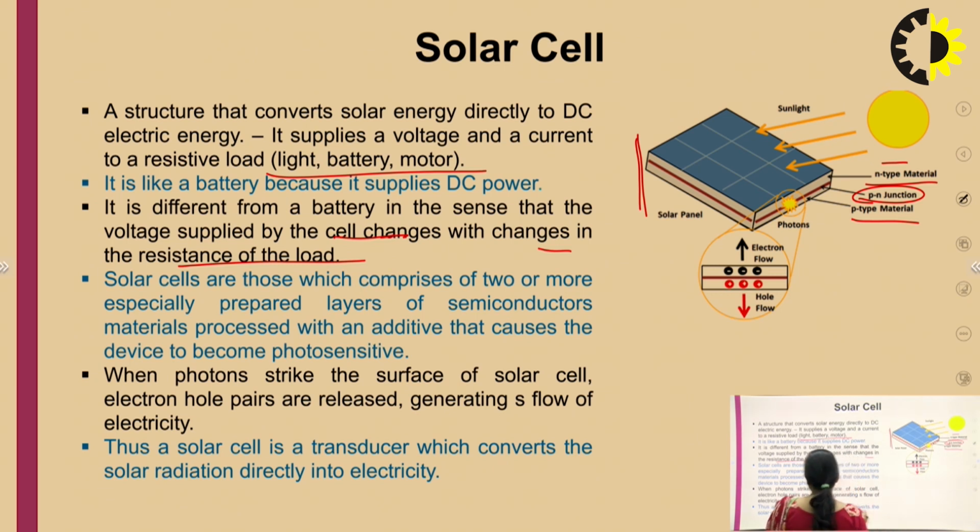When photons strike the surface of the solar cell, electron hole pairs are released, generating the flow of electricity. This is the principle on which the solar cell works. So basically we can say that the solar cell is a transducer which converts solar radiation, or the sun rays, into electricity.